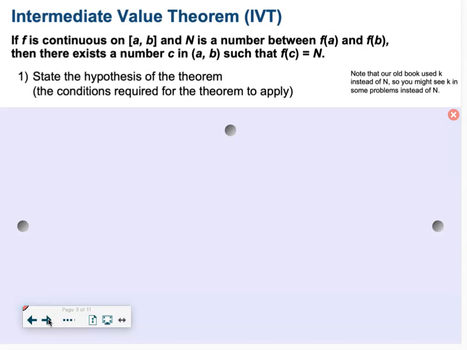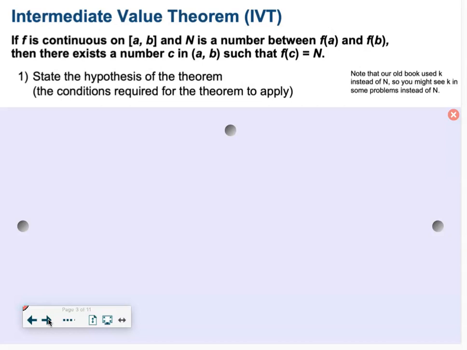The if part is called the hypothesis. The hypothesis basically contains the conditions that have to be met for the theorem to apply. If these are true, then this is going to happen, right? So you have to meet the if these are true first.